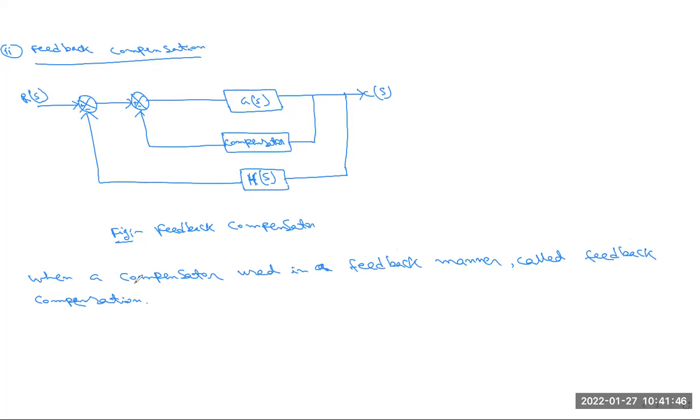Okay. So here in this circuit you have to see. This is a compensator circuit, and this compensator circuit we use in the feedback path. So that's why it is called the feedback compensator. Okay.